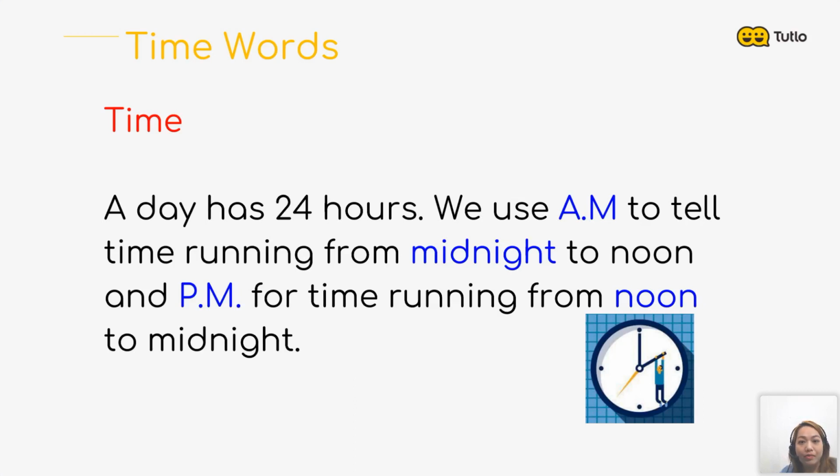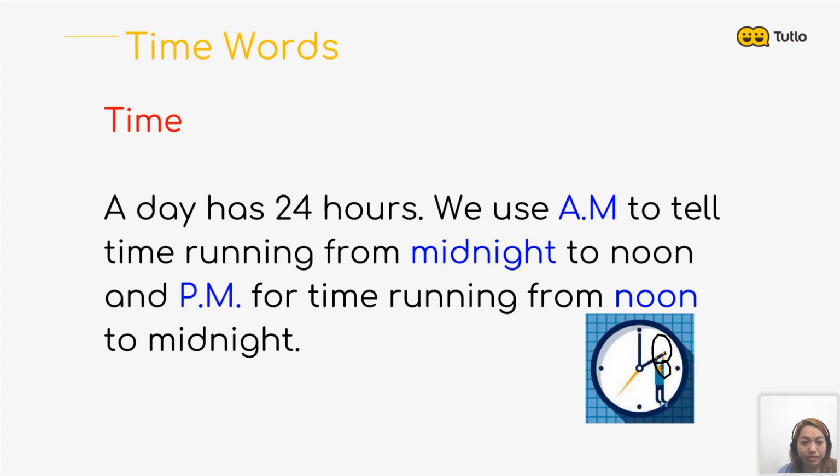So, going back to our topic, time. A clock in general has 12 numbers written on it, 1 to 12. There's an hour hand. This is for the hour.